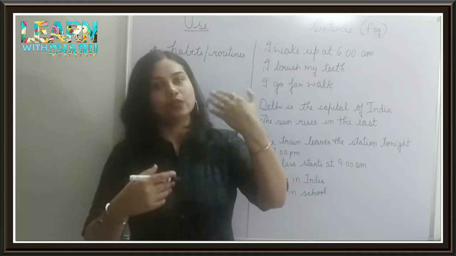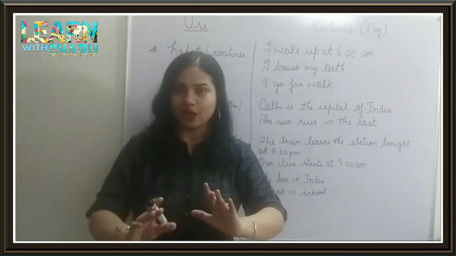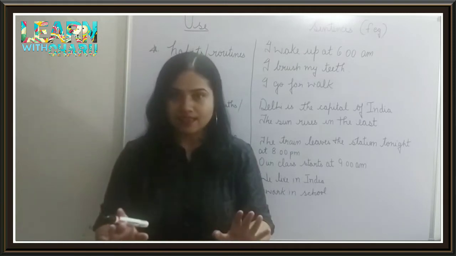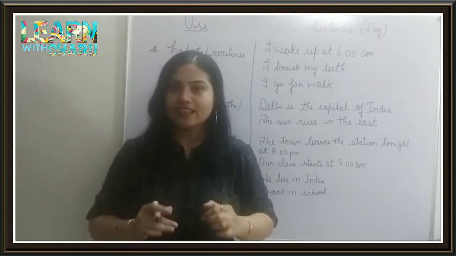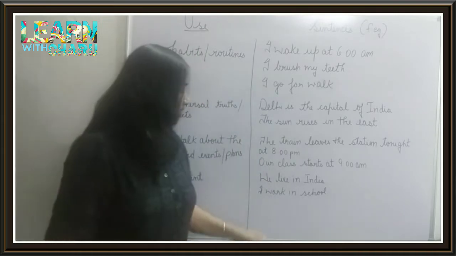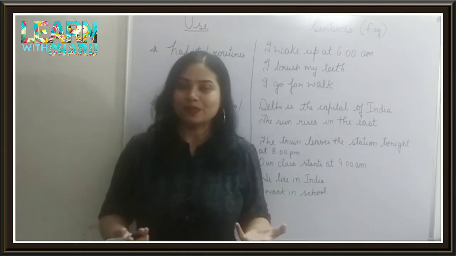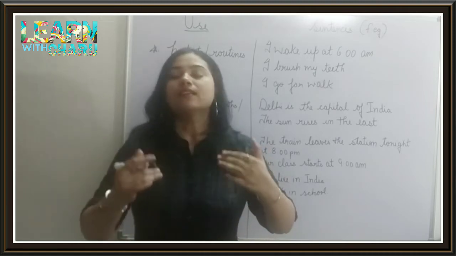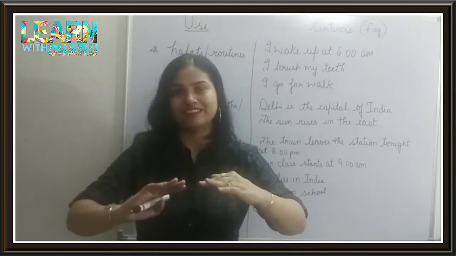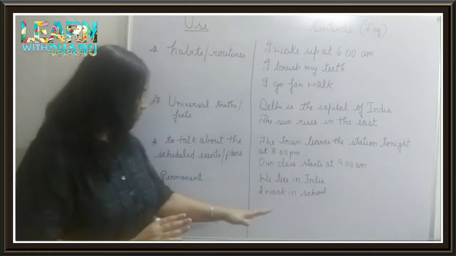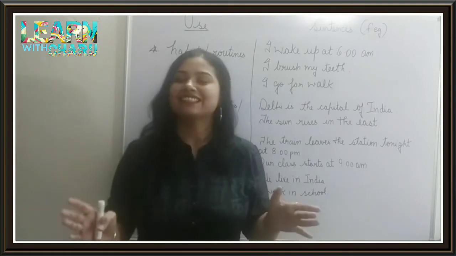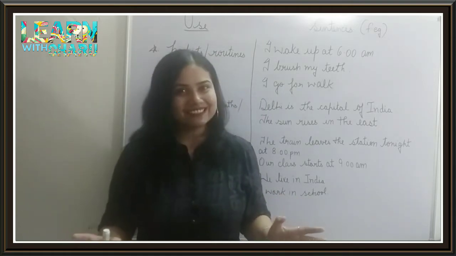Maybe it will change in future, but right now, at present, what is the reality? The reality is that we live in India, I live in India, you live in India, right? Second is I work in school, right? So this is my present permanent situation, right? So this is also the fourth use of simple present tense, right?